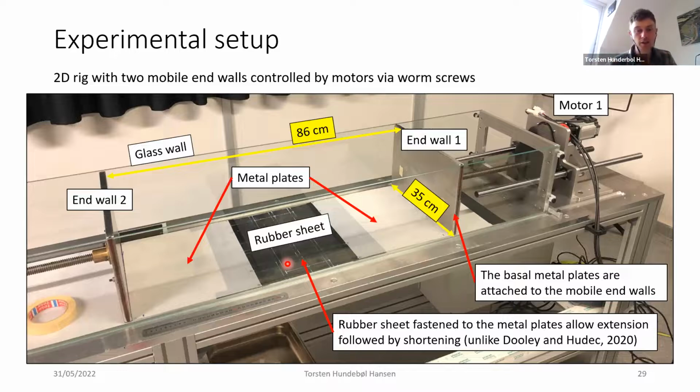This is something different from what Dooley and Hudec did. After extending and stretching the rubber sheet, they would fasten the metal plates to the table below and unscrew them from the end wall, and then start pushing the end wall towards the center of the model. We didn't want that much shortening after inversion, so we found out it worked actually quite well. The rubber sheet is able to take up the shortening very nicely.